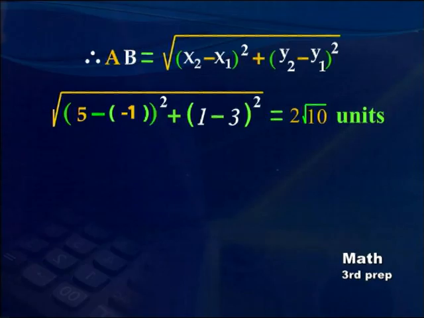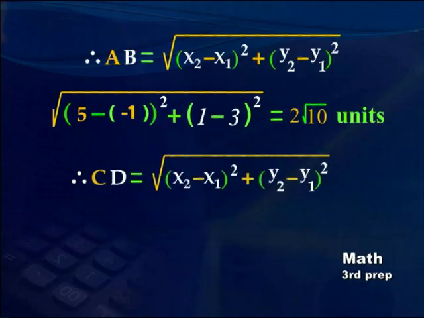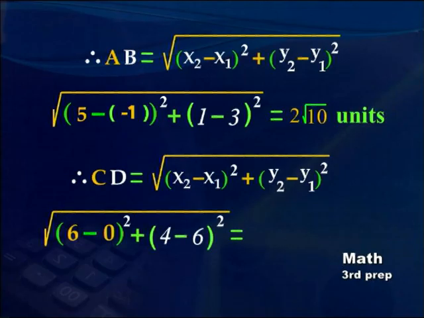What about the length of the opposite side, which is CD? CD equals square root of (x2 minus x1) squared plus (y2 minus y1) squared. By substituting, it is square root of (6 minus 0) squared plus (4 minus 6) squared, to obtain a result of 2 root 10 units.